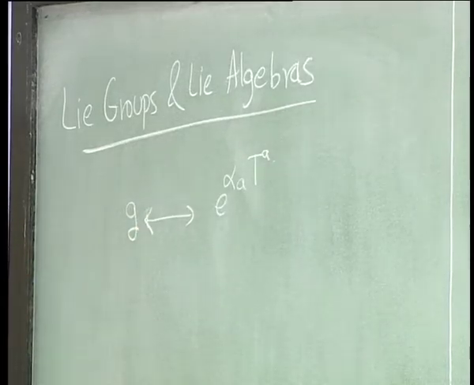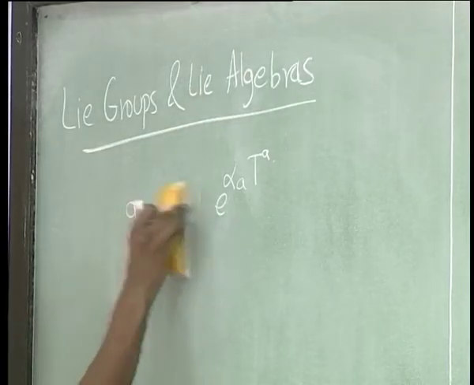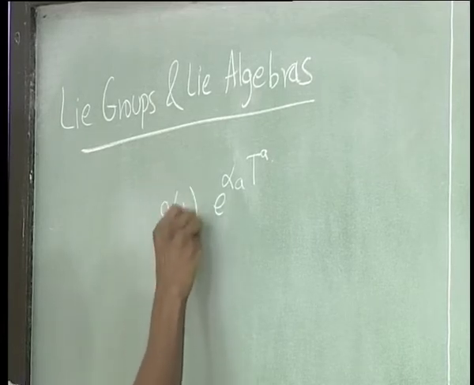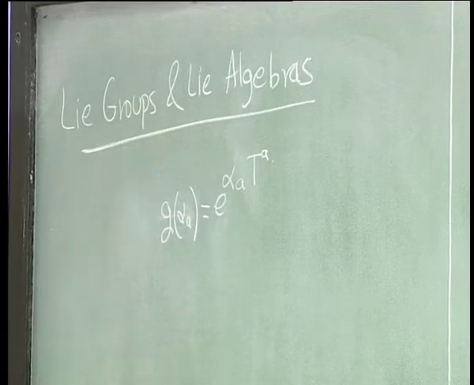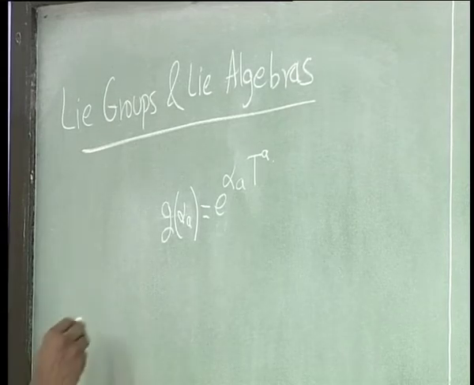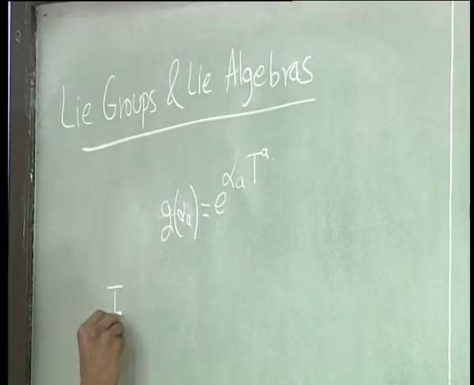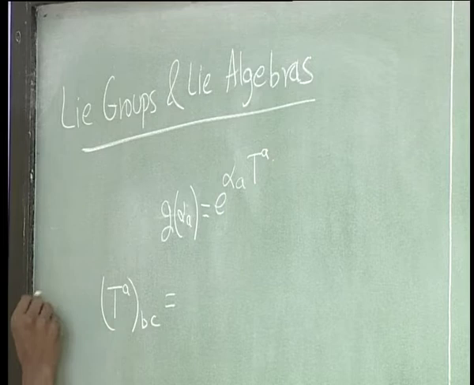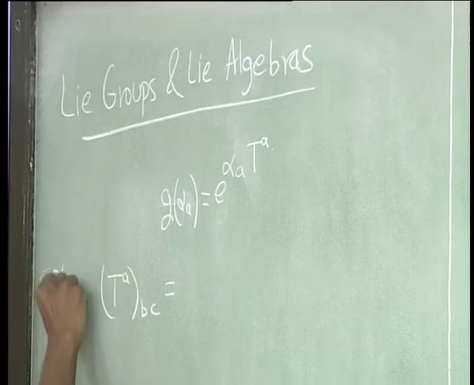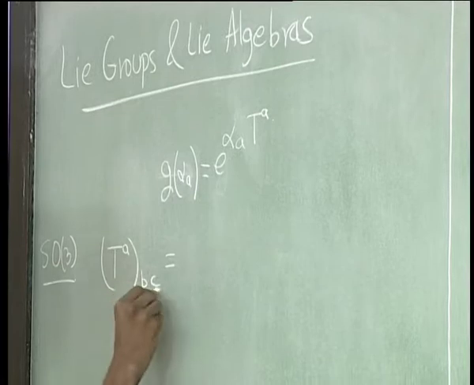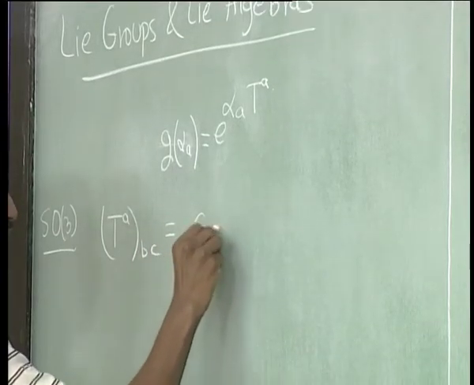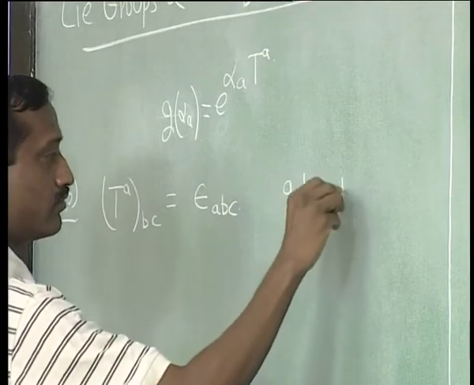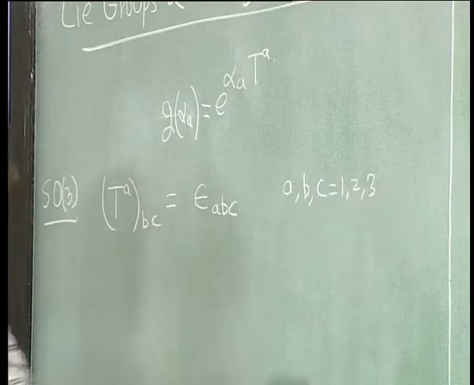Okay. So what this tells you, by looking at it in this form, is that this is a group element, so you can actually write the parameters in this form. Toward the end of last lecture, I asked you to consider something like this for SO(3), or SU(2), I guess SO(3) is good enough, and (T^A)_BC you take to be epsilon_ABC, with A, B, C all running from 1, 2 and 3.